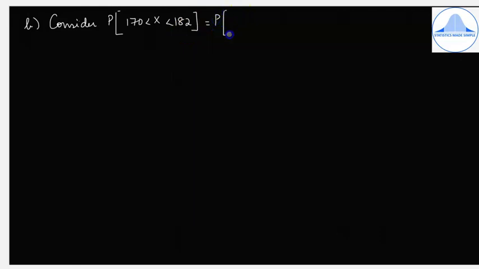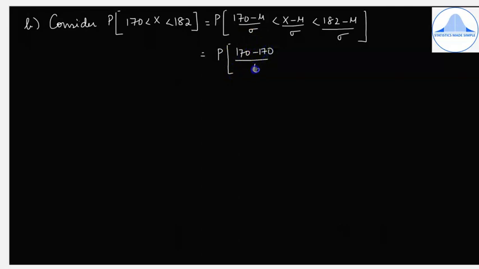So you'll get the probability of (170 minus mu) by sigma less than (x minus mu) by sigma less than (182 minus mu) divided by sigma. Substituting for mu and sigma, this is equal to (170 minus 170) divided by 6, less than z, since (x minus mu) by sigma is nothing but z, less than (182 minus 170) divided by 6.